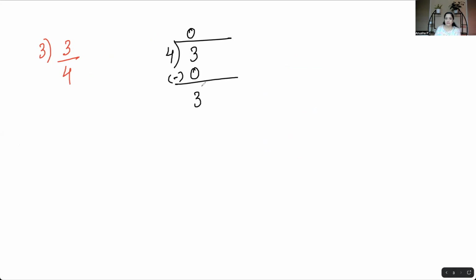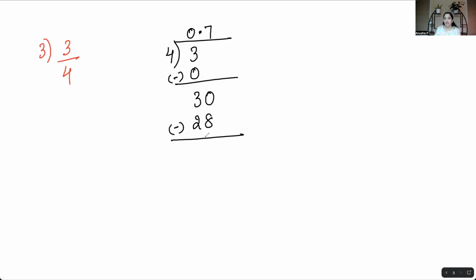Let me do the third example, which is 3/4. Now 4 will be outside and 3 is inside. 4 times 0 is 0. So 3 minus 0 is 3. We can't write the remainders, so we keep a decimal point and bring down 0. 4 times 7 is 28.